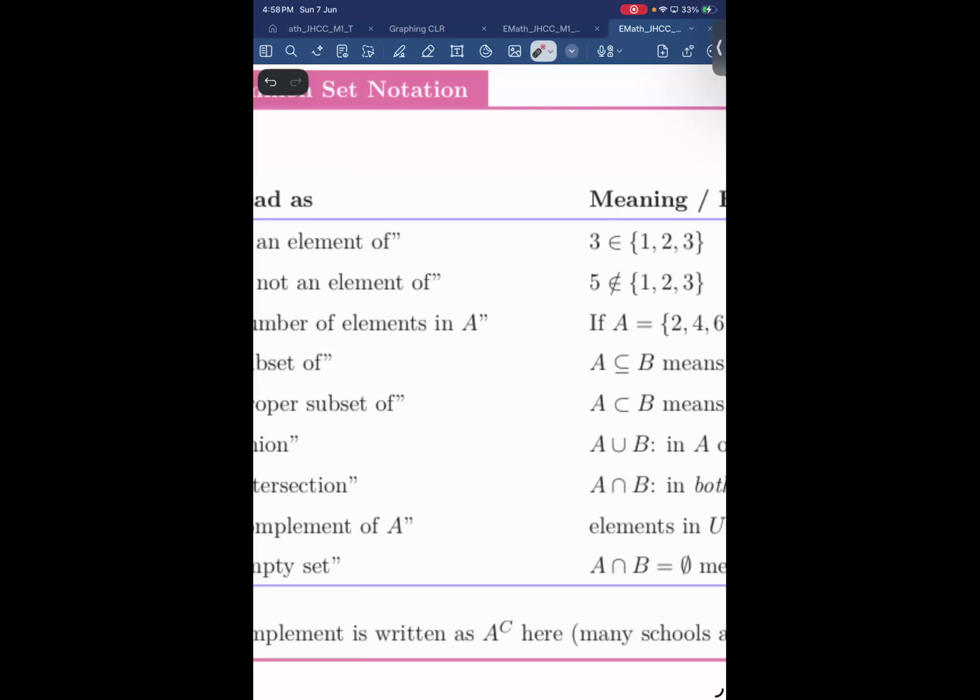Then the two most important ones, union and intersection. Union means it's in either A or B, or can be in both also. Intersection means it's in both. Then the complement means it's in the universal set but not in A. And empty set means there's nothing inside. Any questions for this?